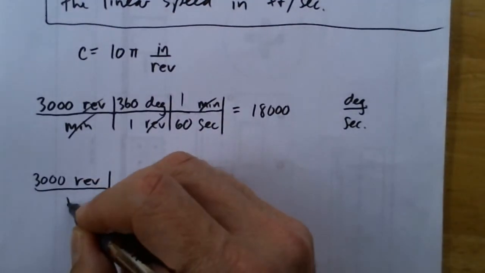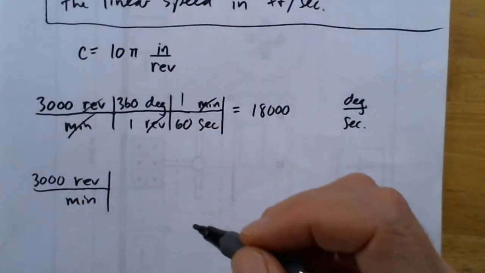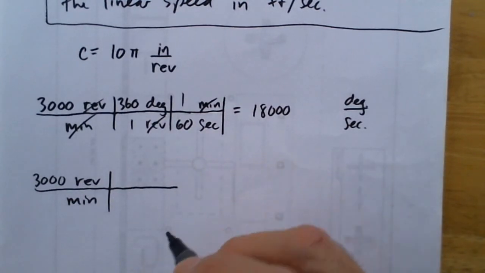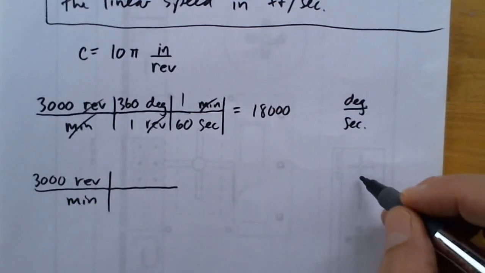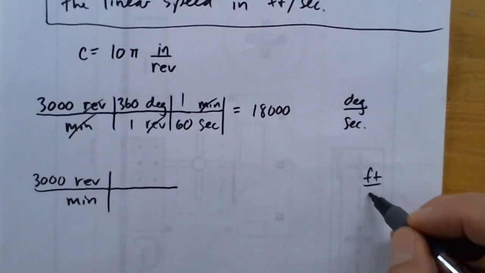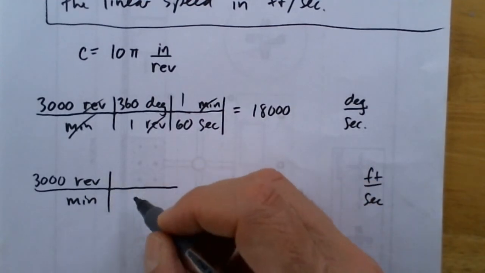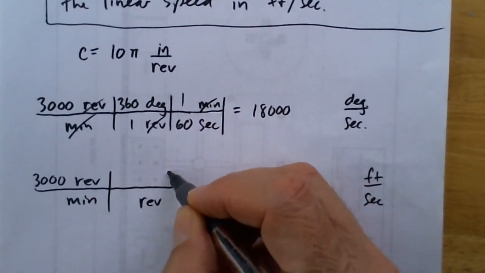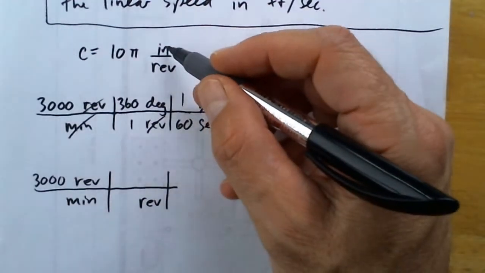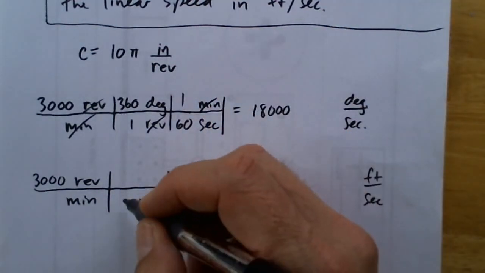Revolutions per minute. And we want to convert revolutions into feet and minutes into seconds. So revolutions, we have to go revolutions into inches and then into feet.